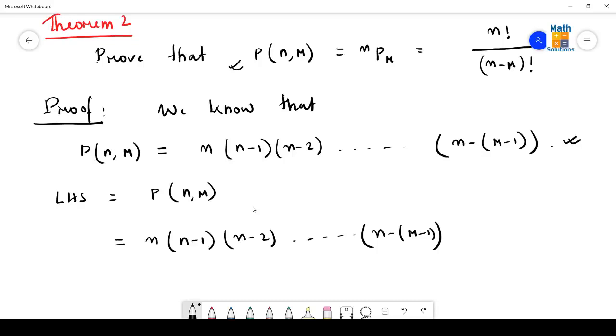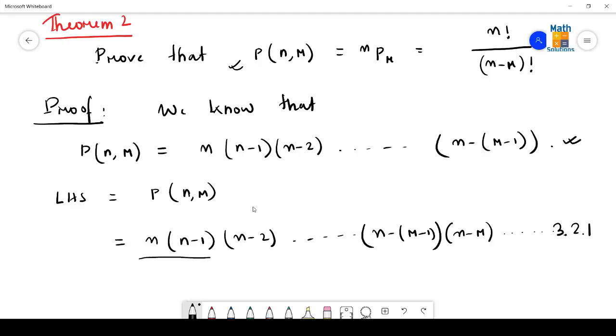But the term that will come after this n minus r minus 1 is what? It is n minus r. Yes or no? After n minus r, what term comes? Of course, n minus r minus 1... and then r plus 1, and gradually we are going to get these terms.